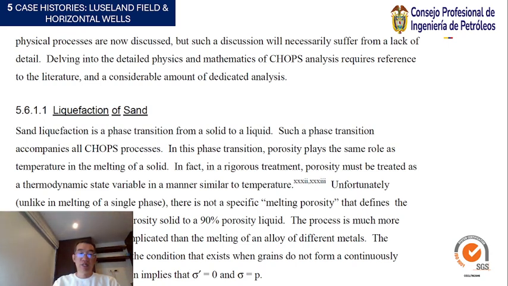The liquefied state is defined as the condition that exists when grains do not form a continuously linked array. Liquefaction implies that delta sigma equals zero and delta P equals zero.